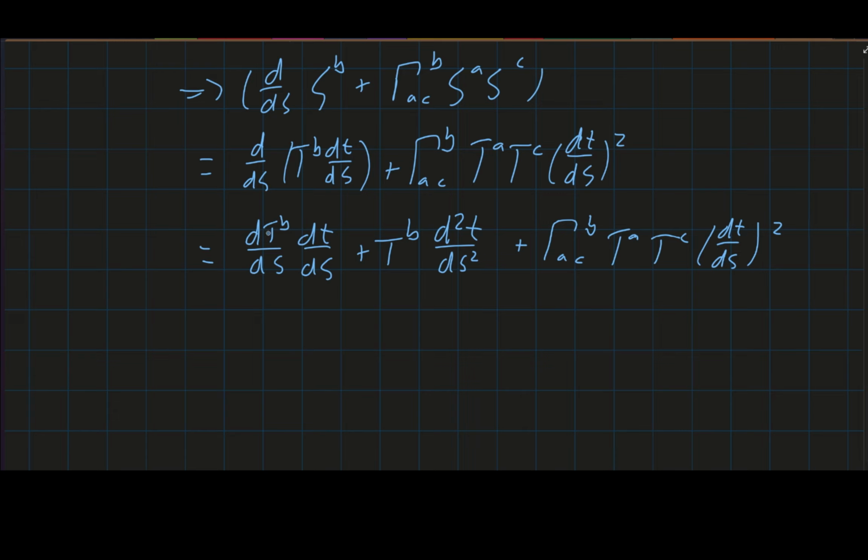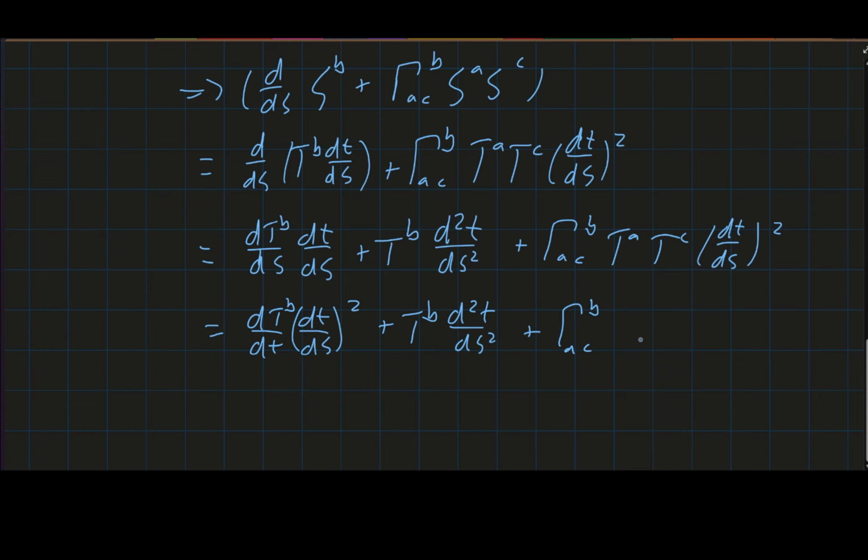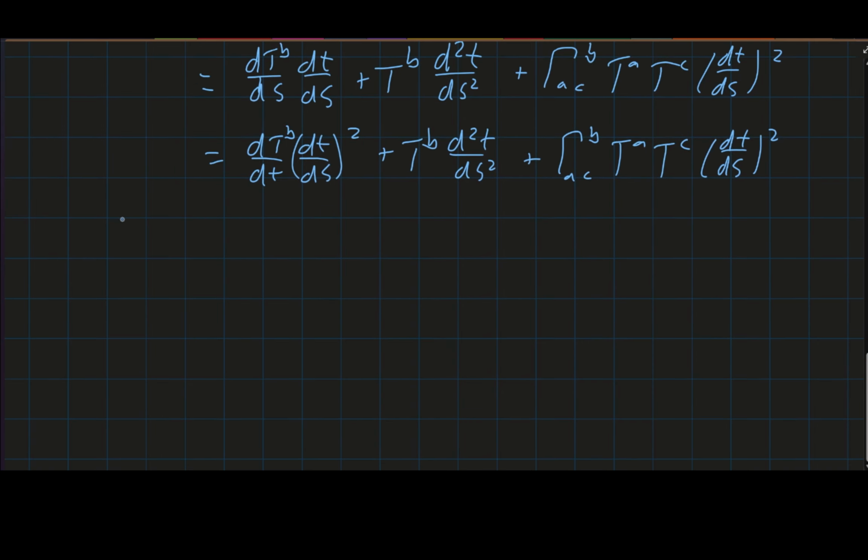Okay, so let's do another chain rule here now and say that dT^B by ds is actually going to be dT^B by dt times dt by ds, but we already have a dt by ds here, so this is going to get squared. Plus, we keep our T^B d squared t by ds squared, and the gamma term as is as well. So now we actually have two terms with this dt by ds squared. So let's group those together.